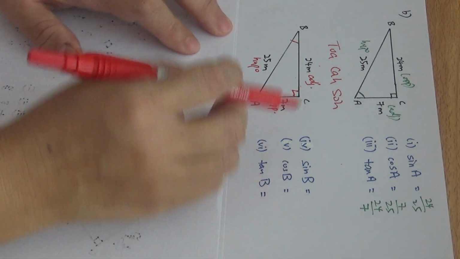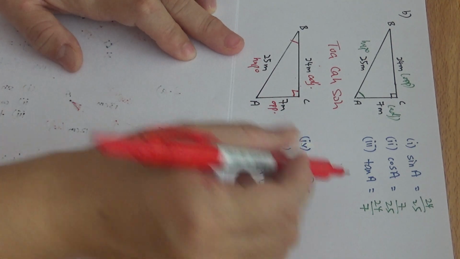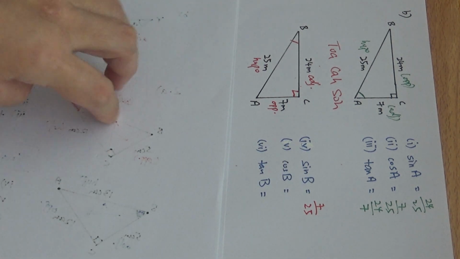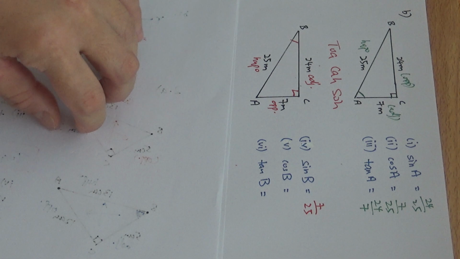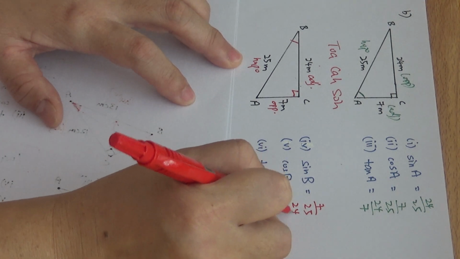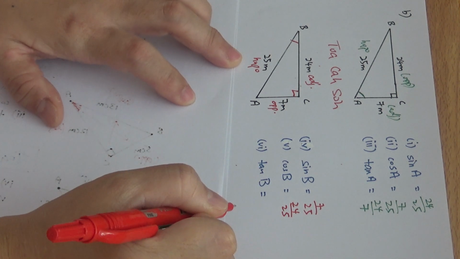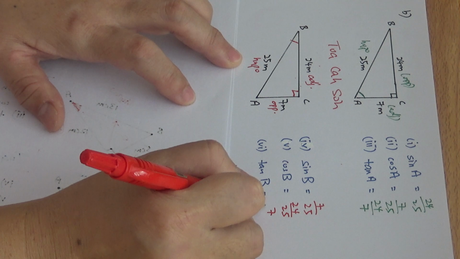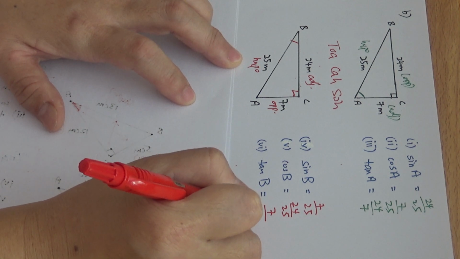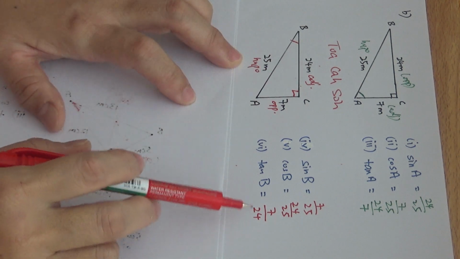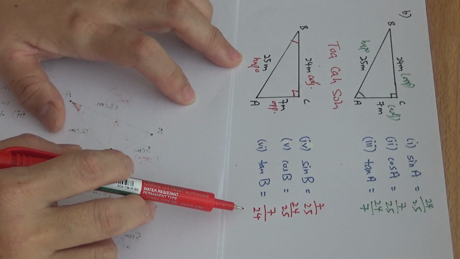Sine is opposite over hypo, so it's 7 over 25. Cosine is adjacent over hypo, so it's 24 upon 25. And tangent is opposite over adjacent, so it's 7 upon 24.